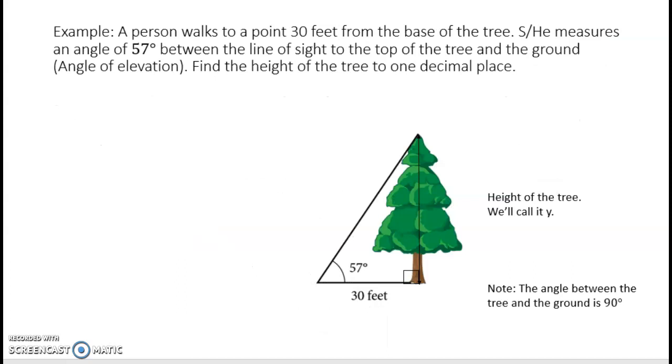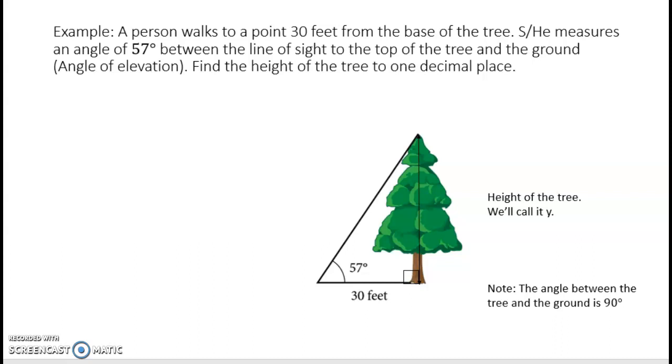Now let's look at this one right here. A person walks to a point 30 feet from the base of a tree. So from this point to this point, that's the base of the tree, 30 feet away. He or she measures an angle of 57 degrees between the line of sight and the top of the tree and the ground.